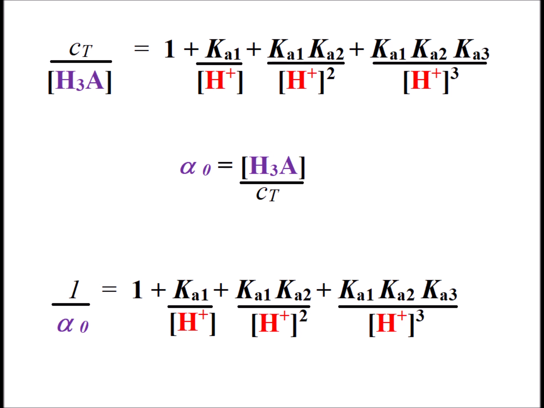So we notice that the left-hand side for the first equation is simply the reciprocal of alpha sub 0. So that gives us that the right-hand side is equal to the reciprocal of the left-hand side. So the left-hand side is now 1 over alpha sub 0, and is equal to this expression 1 plus, and then so on, as you see on the slide.